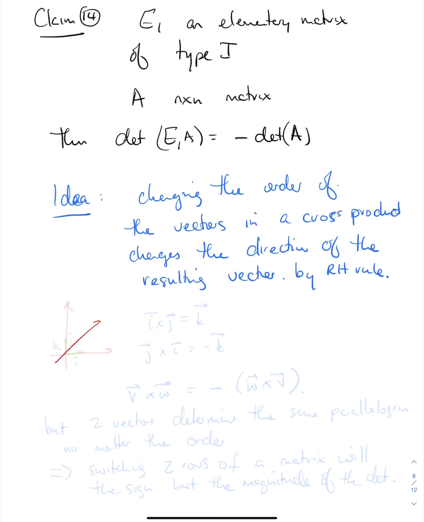So say I've got my vectors i, j, and k. Well, we know that i cross j, for example, is k, but j cross i is negative k. In general, v cross w is equal to negative the vector w cross v.